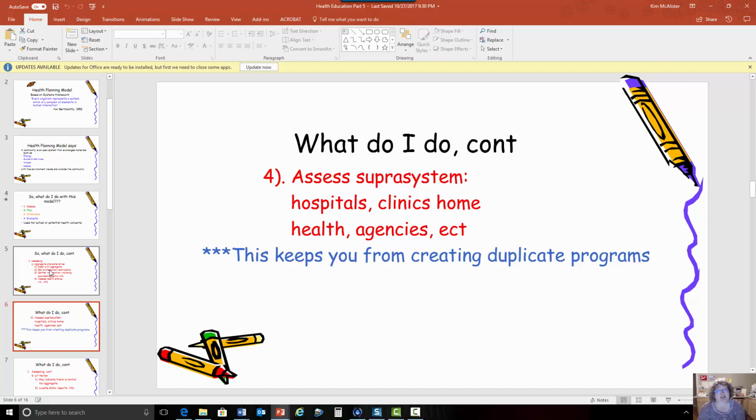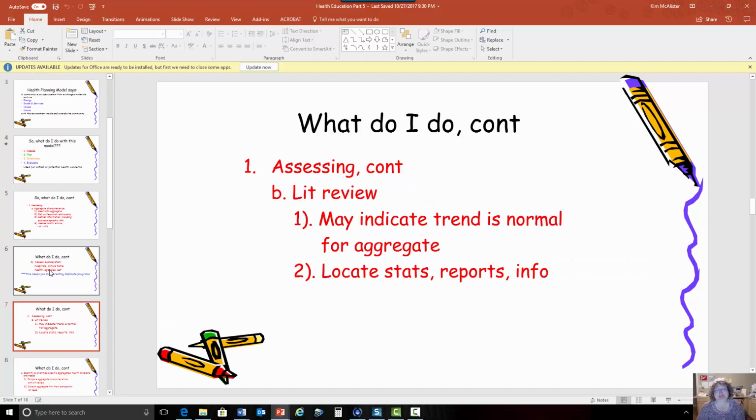The reason why you need to do this is before you develop and start your new education program for the community, you want to find out what other programs are already there. This way you're not spending time and wasting resources developing something that already exists. And you can only find that out if you assess and look for it.